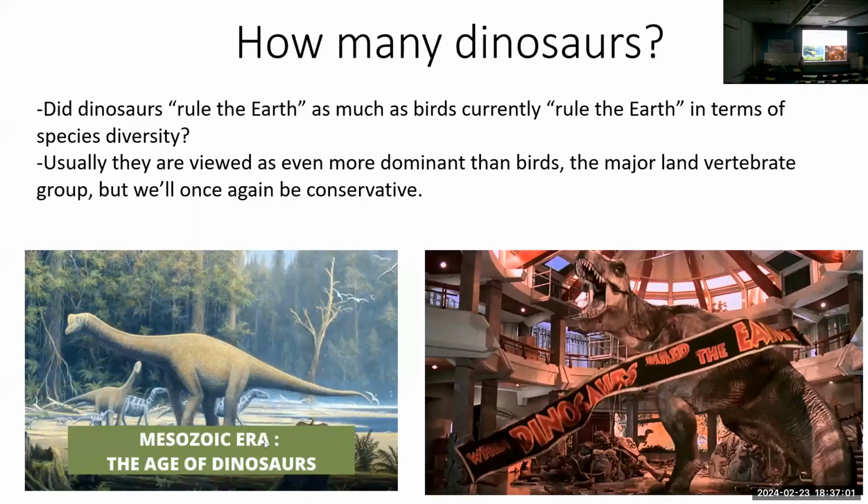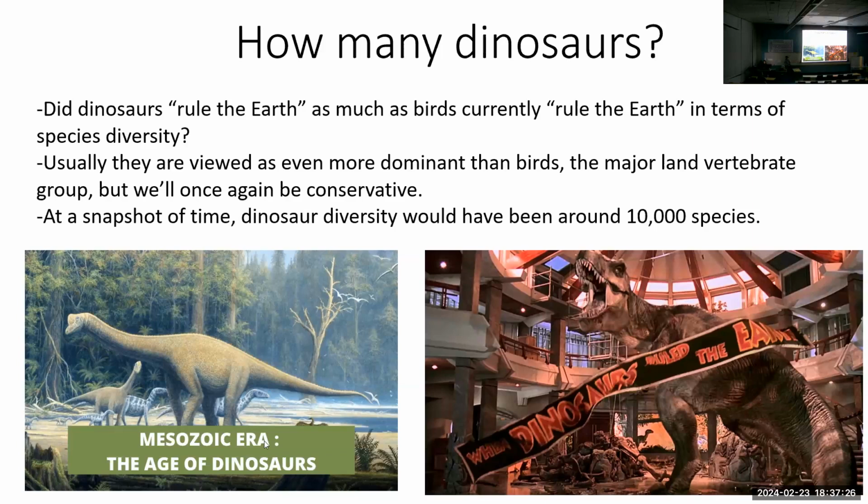Commonly, we think of dinosaurs as ruling the planet, as being the major land vertebrate group. You know, the age of the dinosaurs, the Mesozoic, when dinosaurs ruled the earth, right? So it's possible that they even would have more diversity than birds do today, if it's true that they did rule the earth. But we're going to use the conservative number of 10,000 species, which we associate with birds.